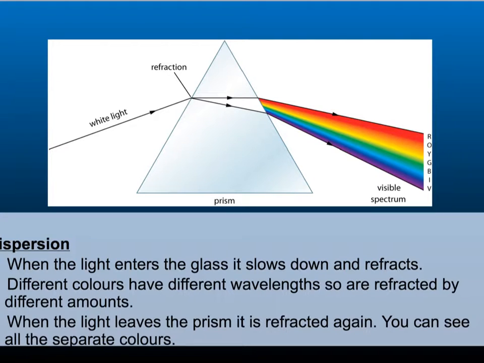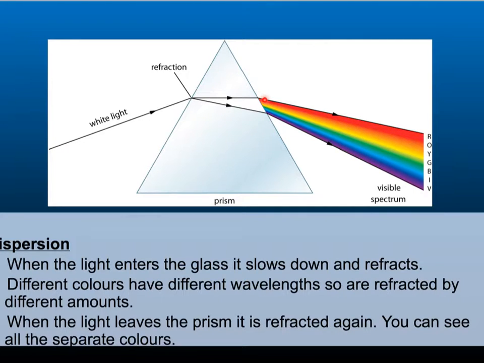We're now going to talk about dispersion, and this is the way that we can form a rainbow from white light. When the light enters the glass, it slows down and it refracts. Different colours have got different wavelengths, so they are refracted by different amounts.